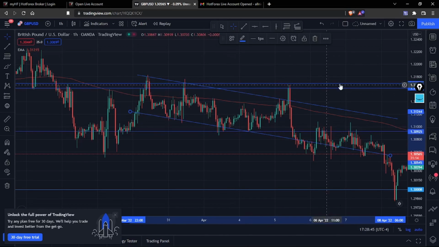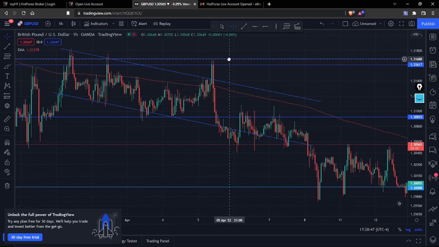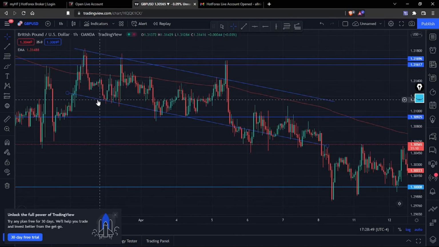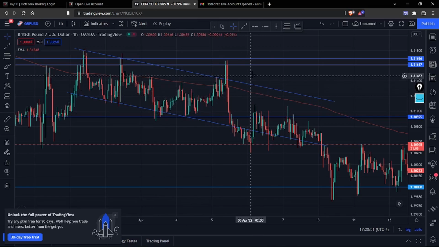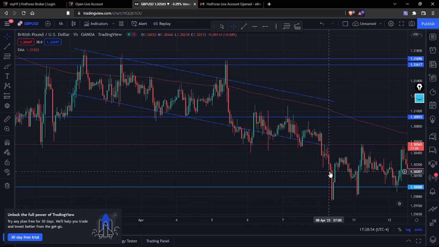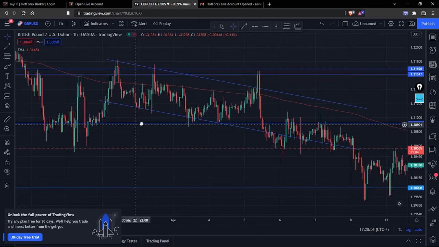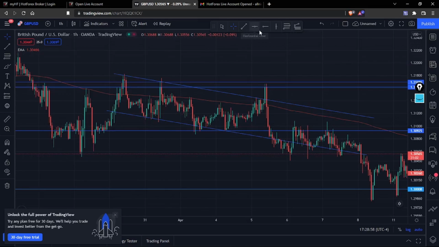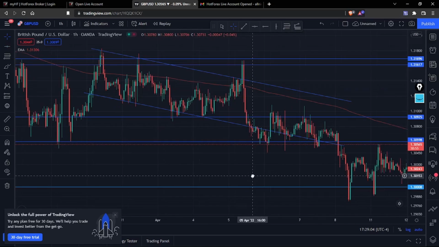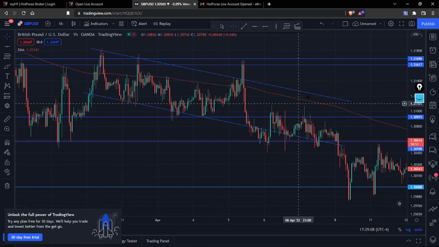Yeah, we can just connect it like that. Alright, we can see here that it was indicating a breakout beyond both this support zone right here, this support zone right there, as well as this downward channel.